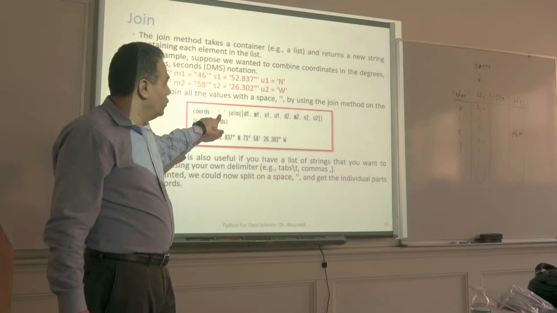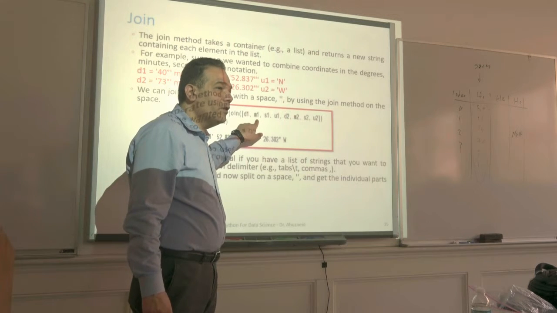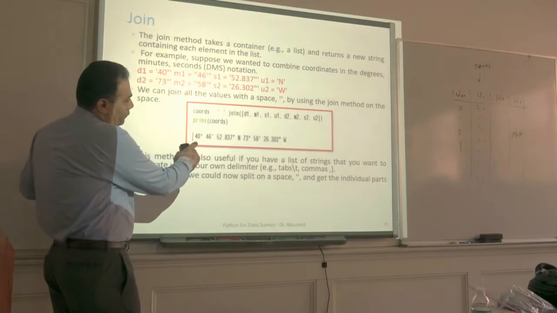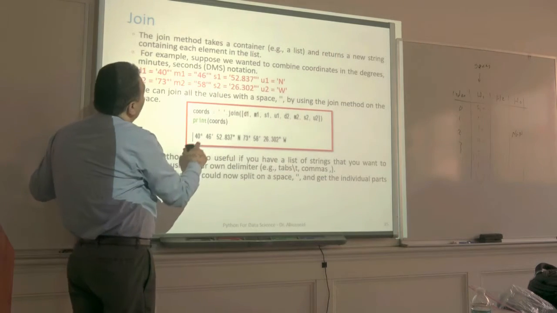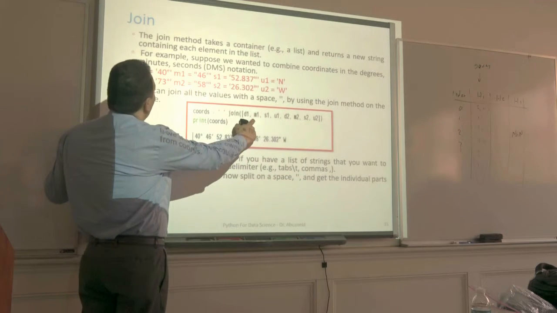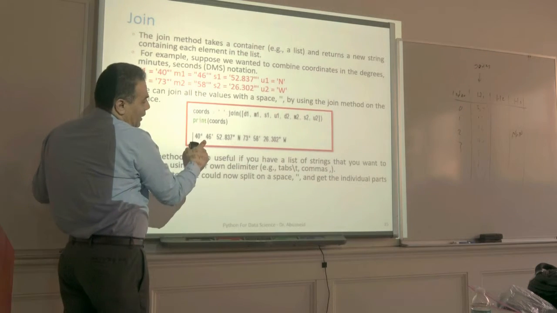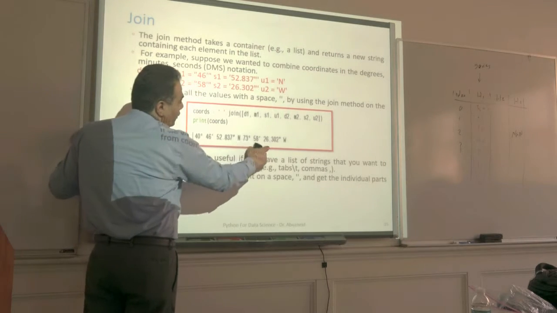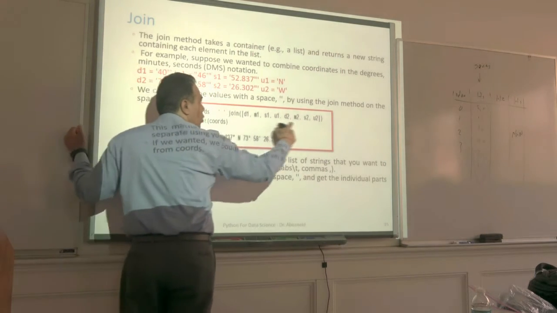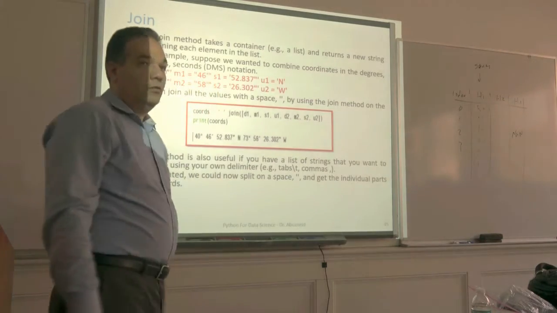So when I join them, I have a space here. That means join them with a space. You see here 40 coming from D1, 46 coming from M1, and the spaces are kept between them. Why? Because it says use a space to join all of these strings.